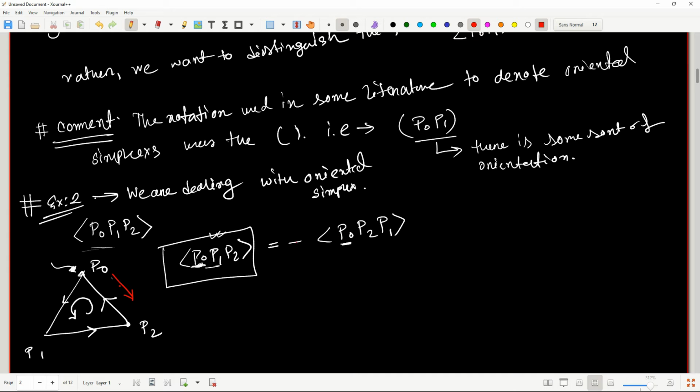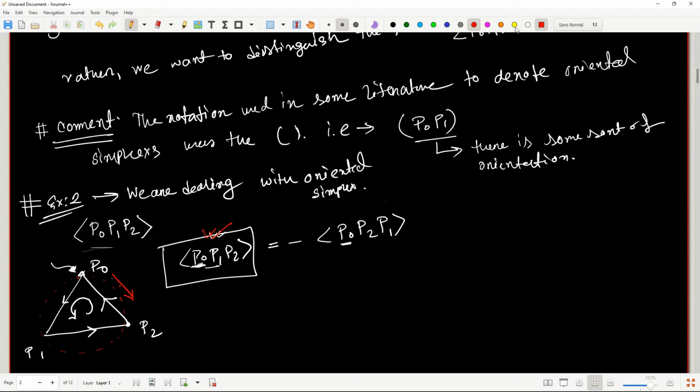So that's why you have a minus sign in front. However, even though it might seem a bit confusing, in which way you are going and you are trying to relate this intuitive way of going from one point to another to this simplex notation, it might get a bit confusing.